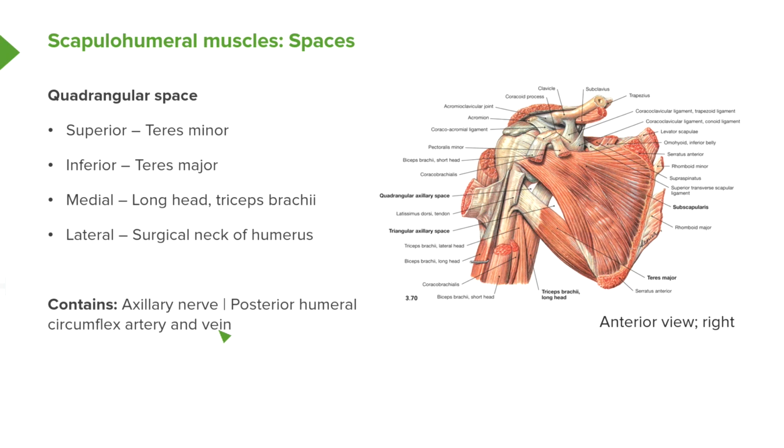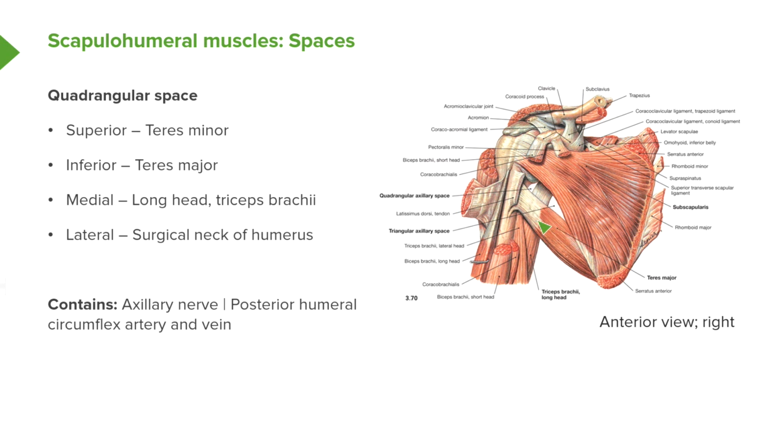So what makes up the boundaries of this quadrangular space? Well, on the screen at the moment, we can see an anterior view of the right shoulder. So we can see the chest wall has been removed, and we can see here we've got subscapularis muscle, and then down here we can see we've got the humerus and various muscles. We can remind ourselves that we've got teres major muscle running up here.